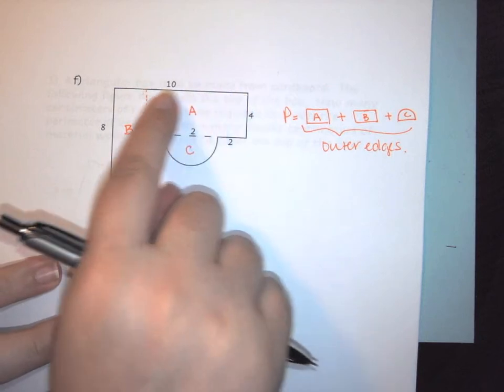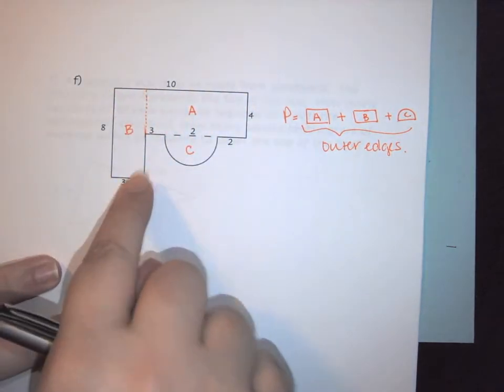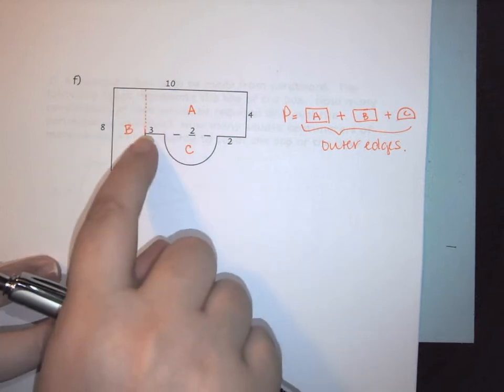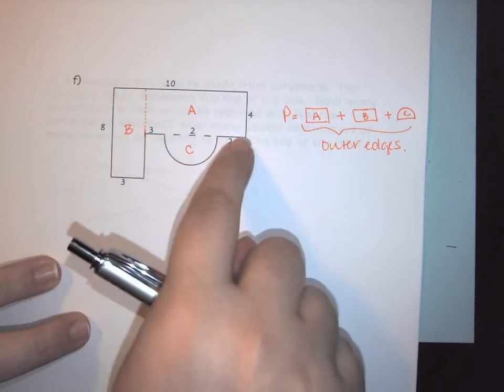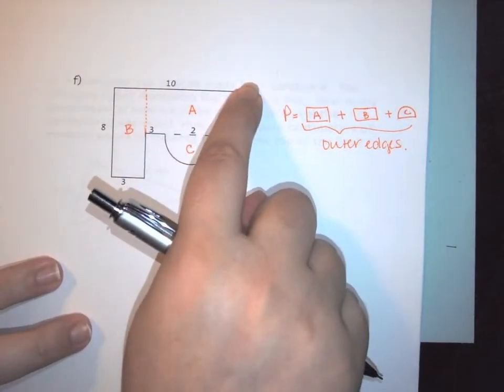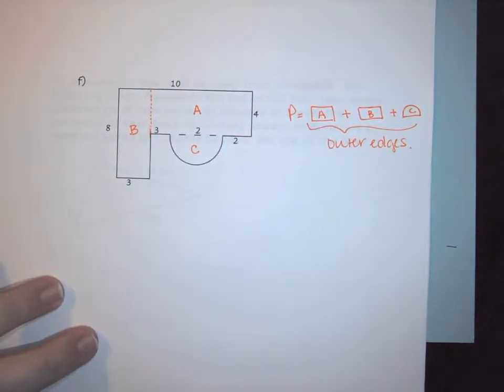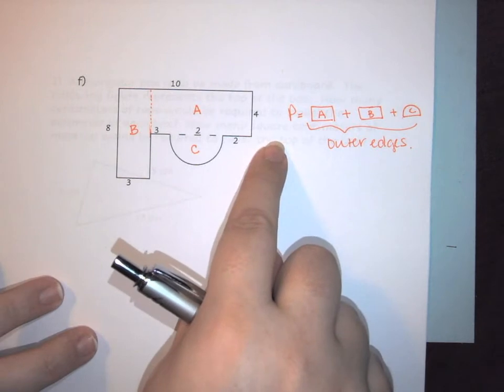So if you look, this is 10, this is 8, this is 3. We need to know this piece here. We've got a 3 here, a circumference, a 2, and a 4. Okay? So we have to be able to work with our shape.